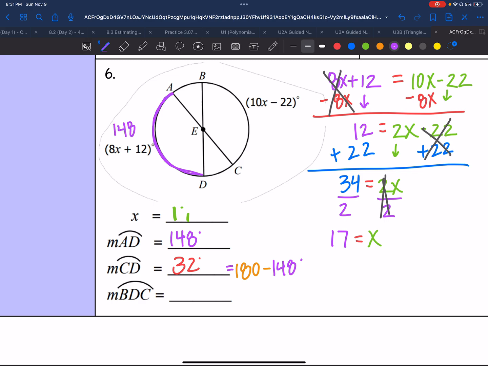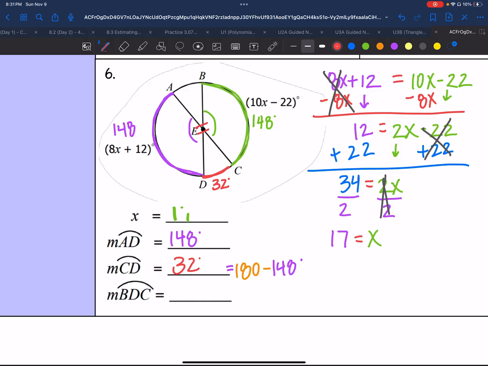We already established that AD is equal to BC, so that actually means that BC is also 148 degrees. And then we just found that CD is 32 degrees. So remember that this angle and this angle are equal, and so their arcs are as well.